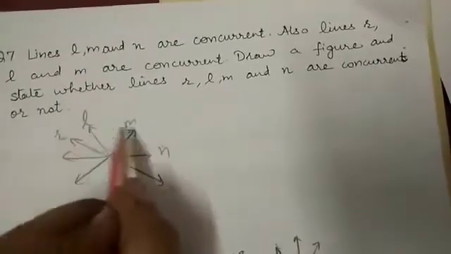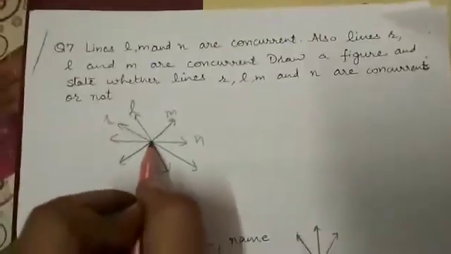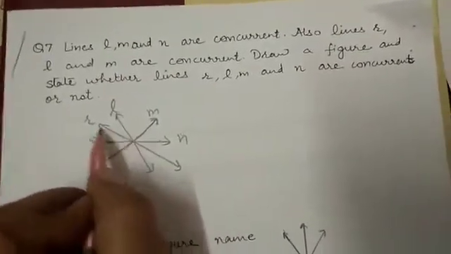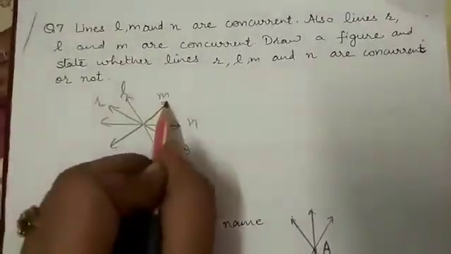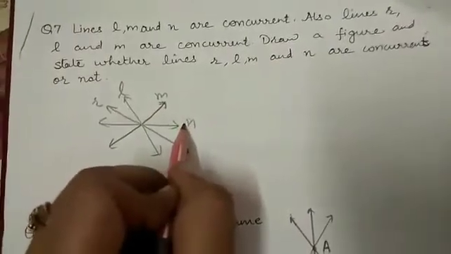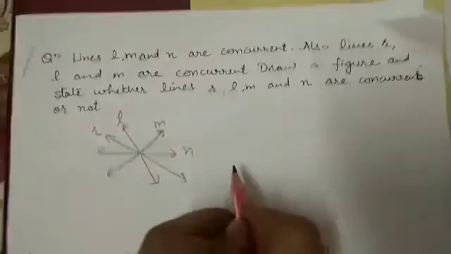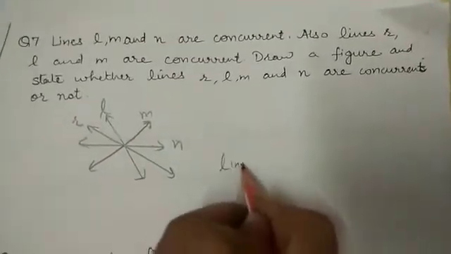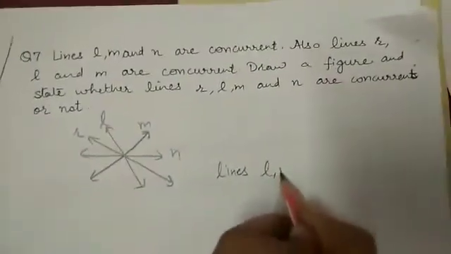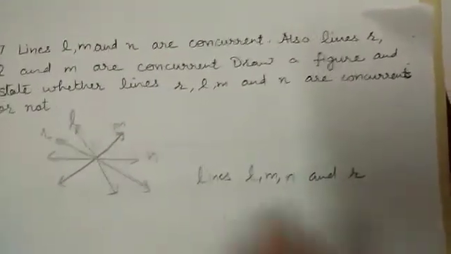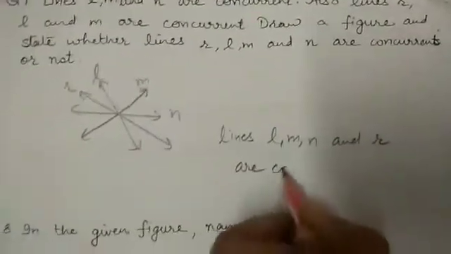Now R, L and M are concurrent. Now the question is, draw a figure and state whether R, L, M and N are concurrent or not. We can see these are concurrent. So we will write here lines L, M, N and R are concurrent.